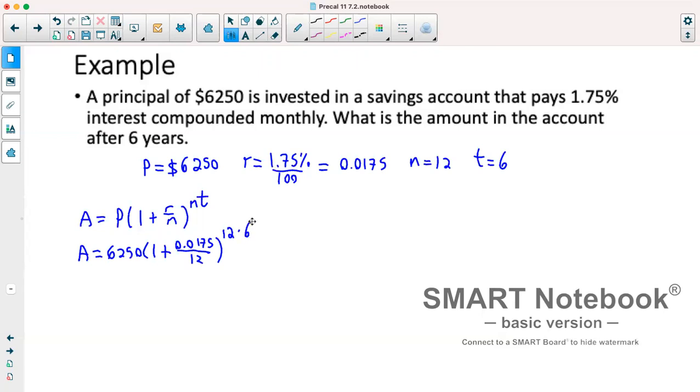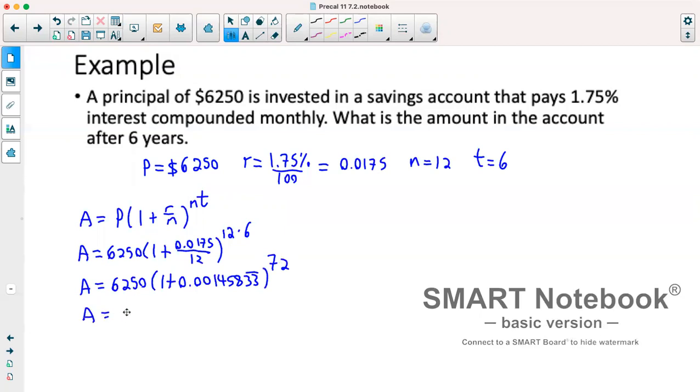So in that step, I'll do a couple things. One is I'll do this division, and I will also do this multiplication. So I've got A is equal to 6,250 times 1 plus 0.0175 divided by 12, which gives us 0.001458, with the 3's repeating, and then that's to the power of 72.